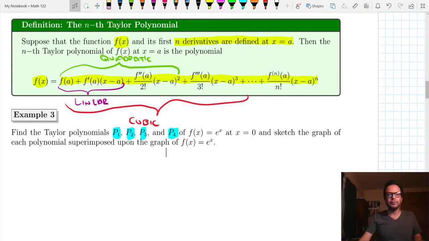So what is the information they will give us? Number one, a function f of x to perform the approximation for, and a point that we are going to do this approximation around.